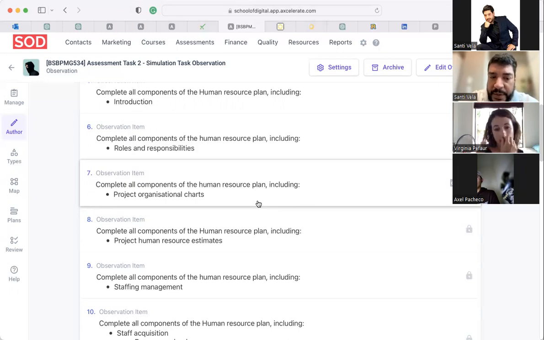So we need to tell that person, you need to do this, when you need to do this, and what else? What else do you think we need to add to that roles and responsibilities description?